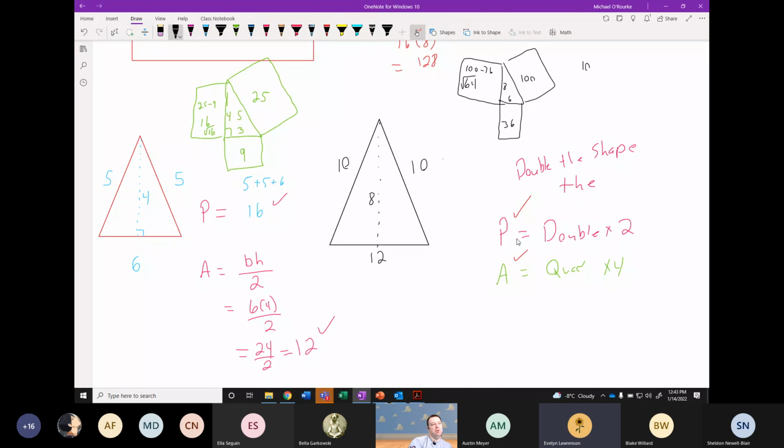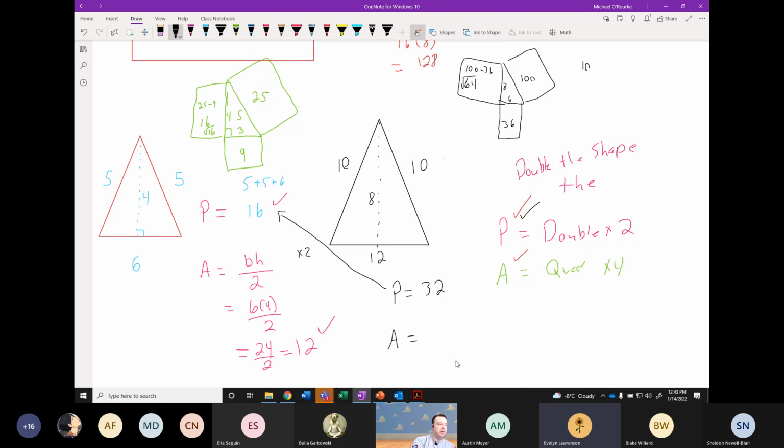All right, so our prediction is our perimeter is going to double and our area is going to be quadrupled. Does it hold true? The perimeter is 32, so these two are double. So this checks out again.